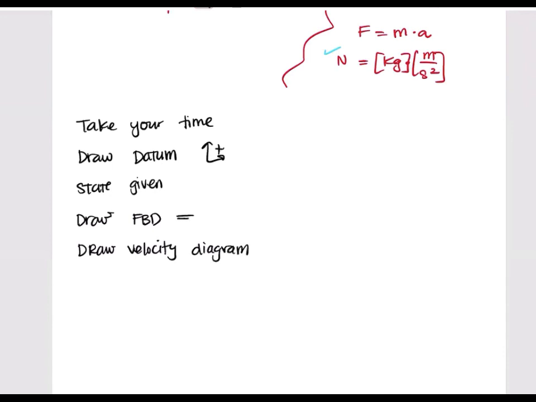right? Where this will give you the left-hand side, and this will give you the right-hand side of the equation. And make sure that you're considering the datum in both of these diagrams. These diagrams are so key.